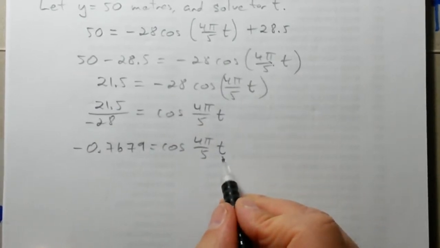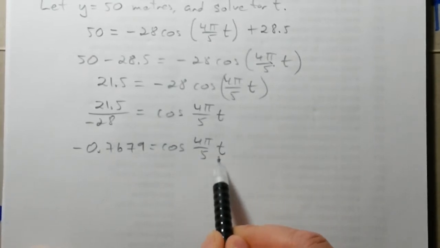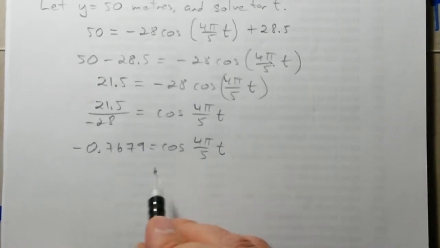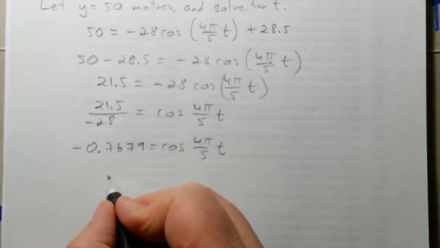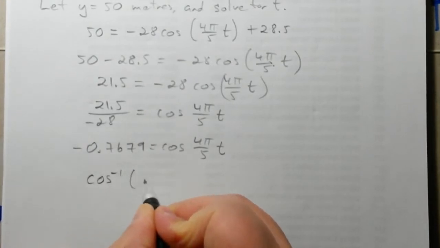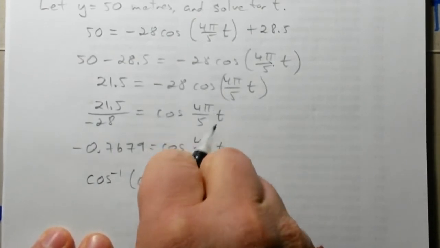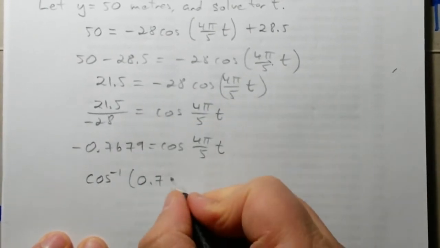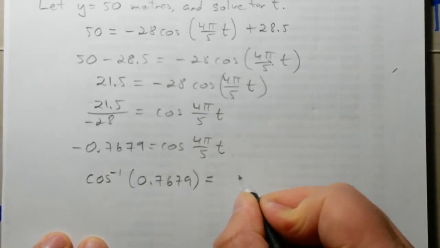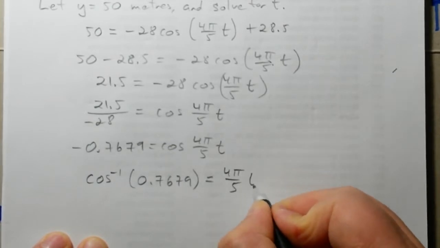Now, how do we solve for t, in case you're wondering? Well, treat this whole thing as though it was one value, as though it was theta, right? And so normally, what do we do? Cosine inverse of this. So we do cosine inverse of 0.7679 equals 4 pi over 5 times t.